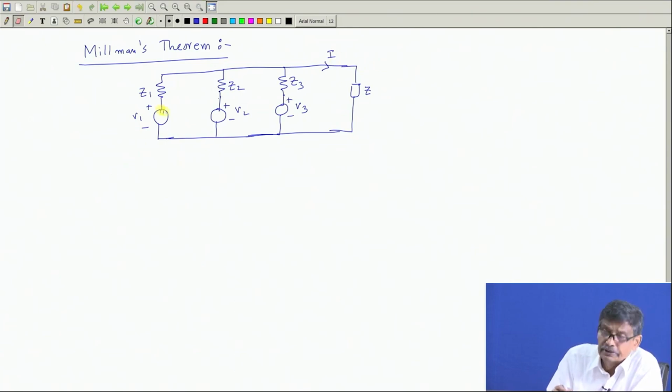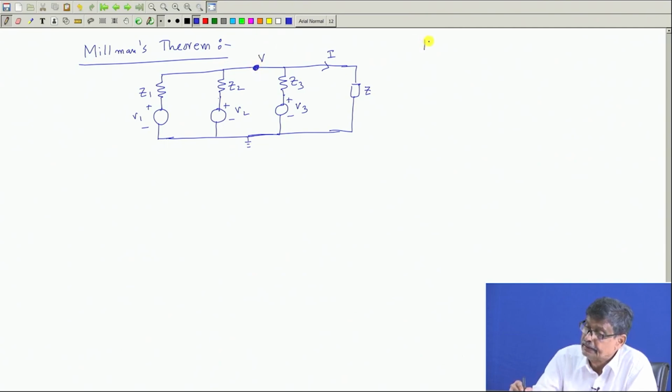Now, what is the best method of solving this? There are only two nodes. So consider this to be the reference node and consider this potential to be V. If you know this potential V, then you can find any branch currents you like. That is the idea. So write KCL at this point. KCL gives what?